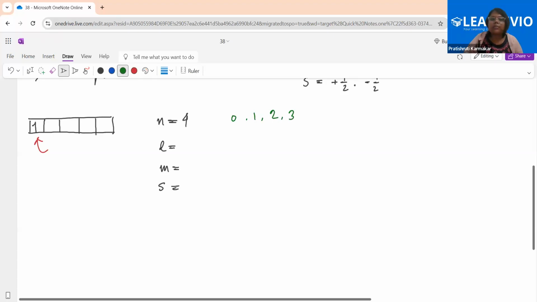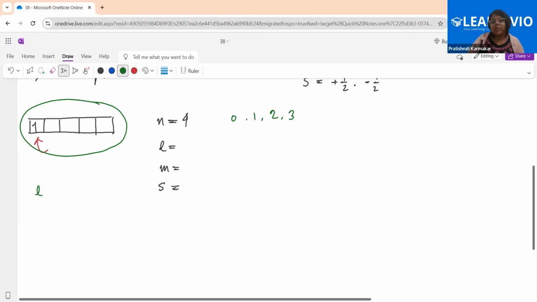But for this specific orbital I have given you, what will be the value for l? You have the notes? Yes, ma'am. Is it 3?